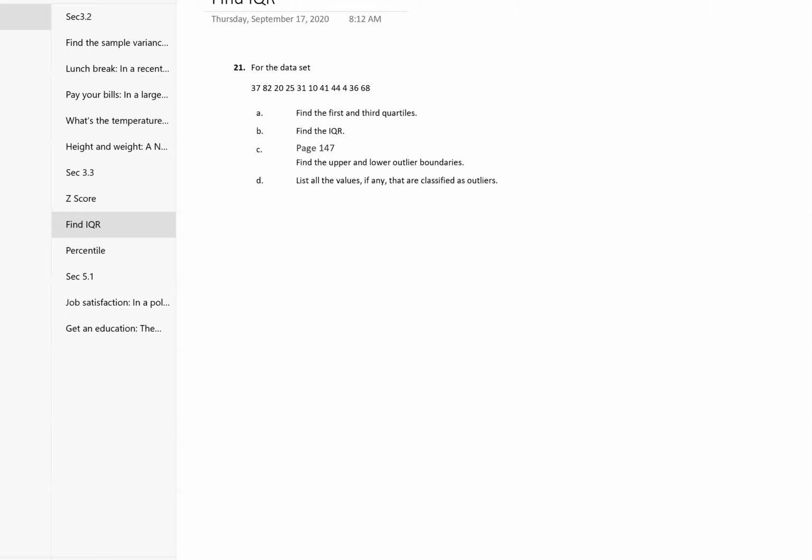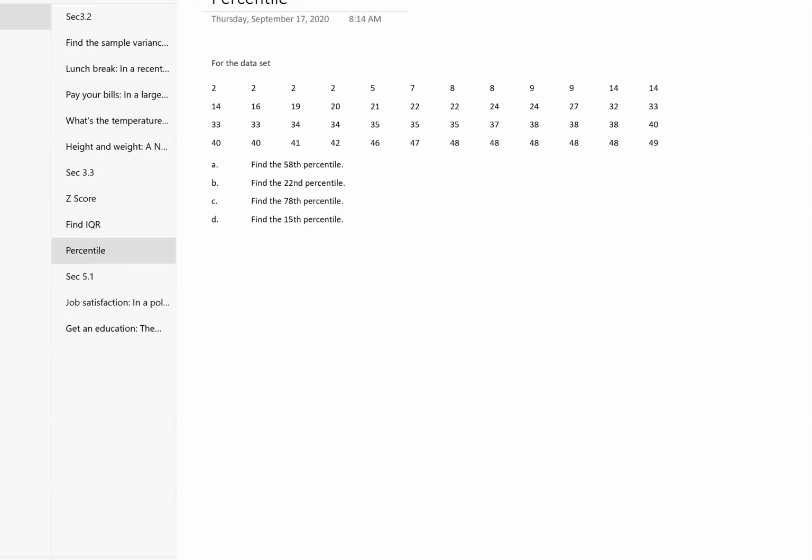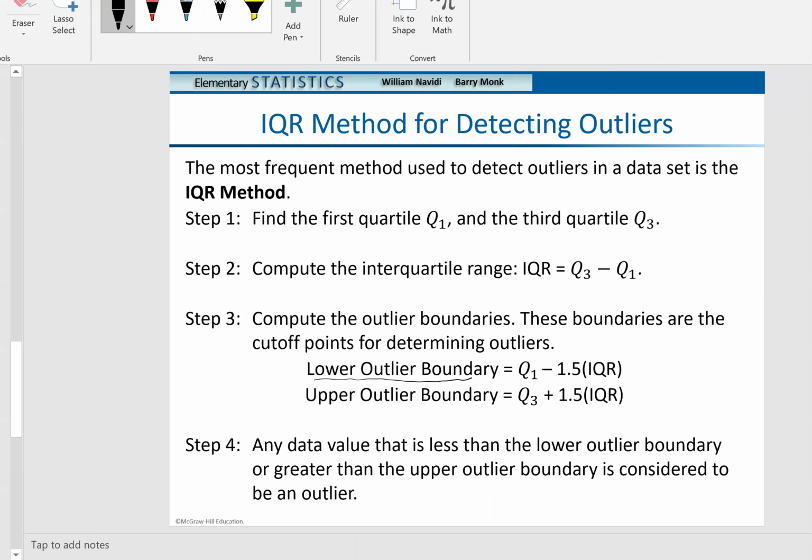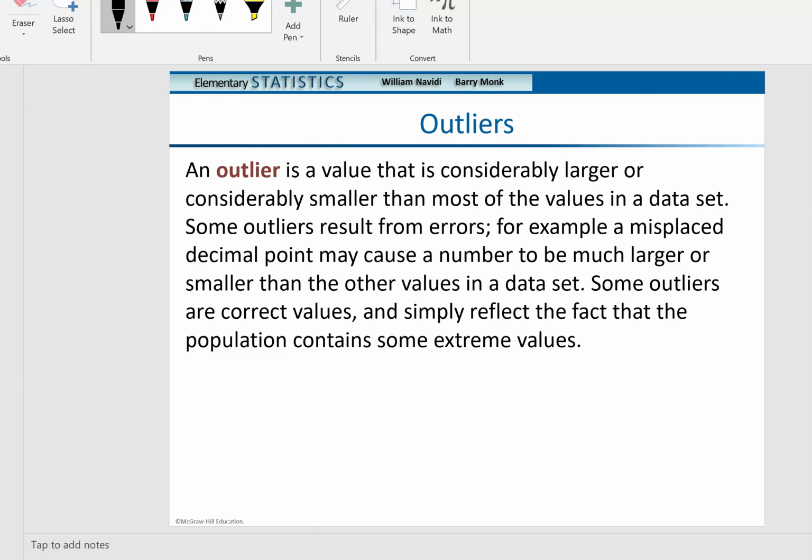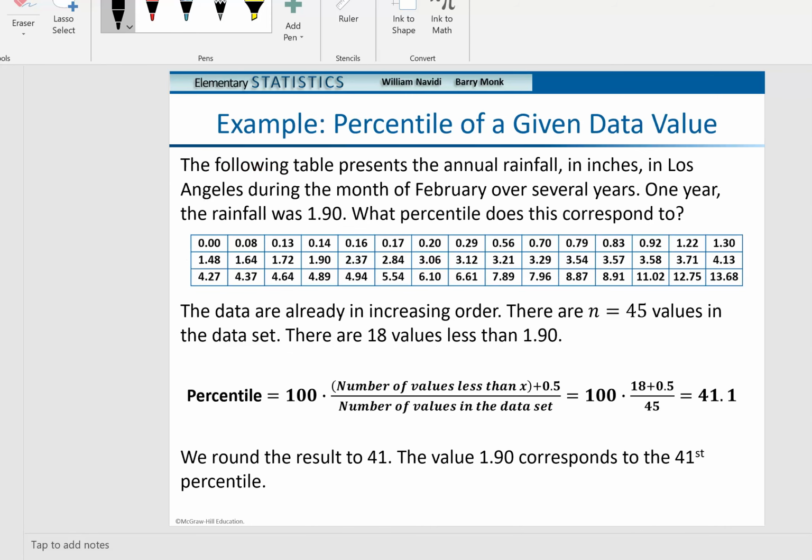All right, this is the one we just did. Percentile. Find the 58th percentile. All right, so percentiles are on the PowerPoint right here. That was getting the value. Let's go back.